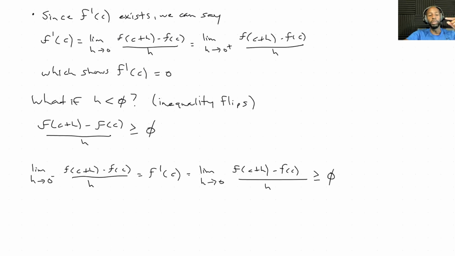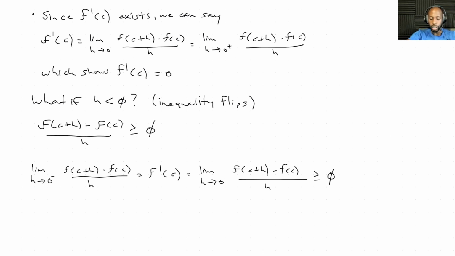And therefore we're taking the left-handed limit this time. But if you go up here, we know that because the derivative exists, the left-handed limit is going to be equal to the derivative, which is going to be the limit as you approach h from both sides, which is going to be less than or equal to 0.